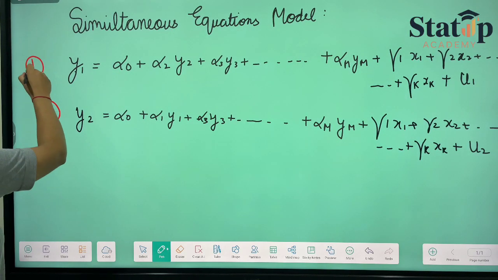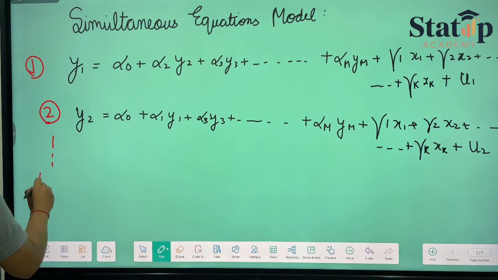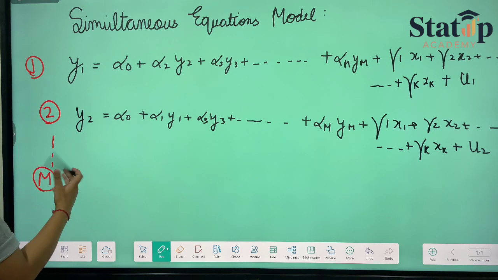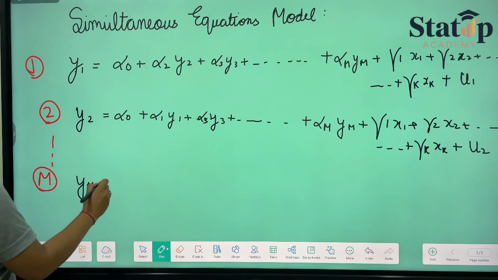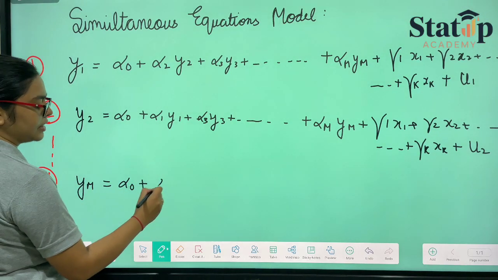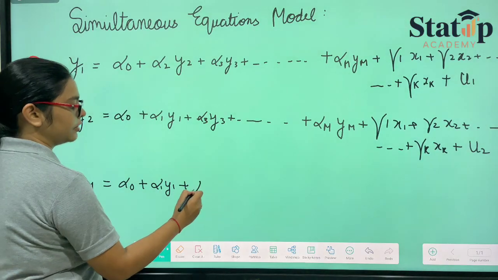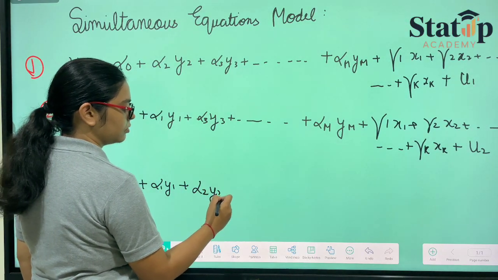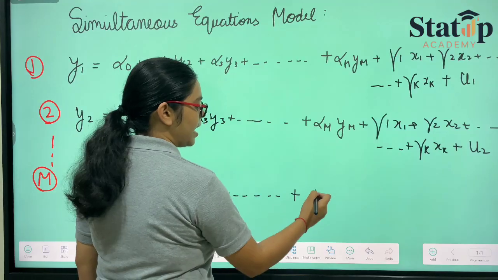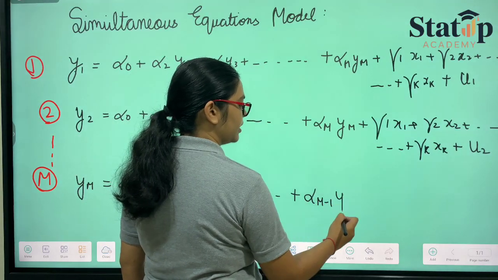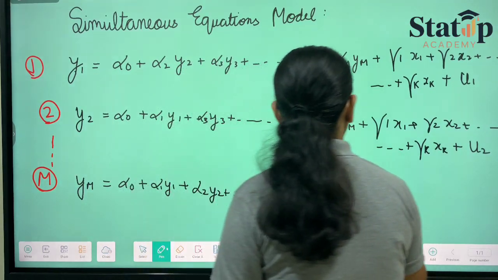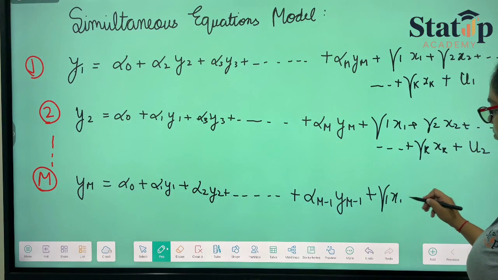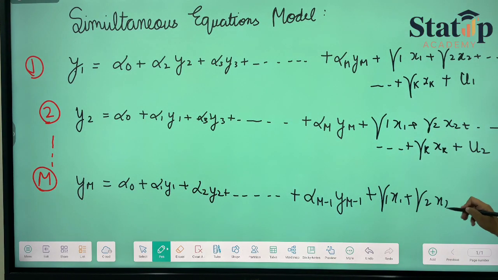Up till we have m number of equations. The mth equation will be ym is equal to alpha naught plus alpha 1 y1 plus alpha 2 y2 up till alpha m minus 1 y m minus 1 plus gamma 1 x1 plus gamma 2 x2 plus up to gamma k xk plus um.